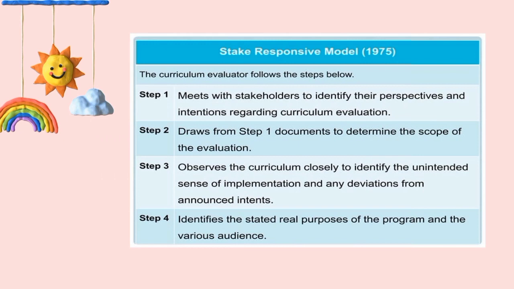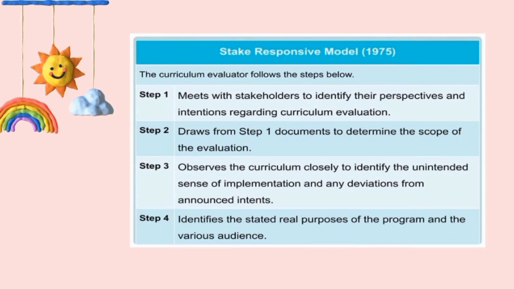So Robert Stake in 1975 recommends the following steps to the curriculum evaluator. First, meets with stakeholders to identify their perspectives and intentions regarding curriculum evaluation. Second, draws from step 1 documents to determine the scope of the evaluation.